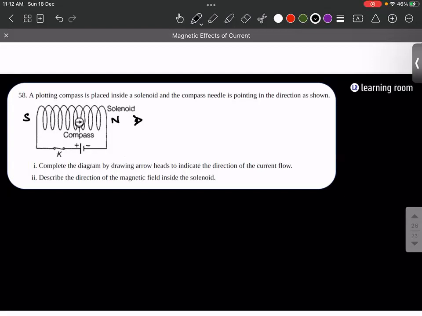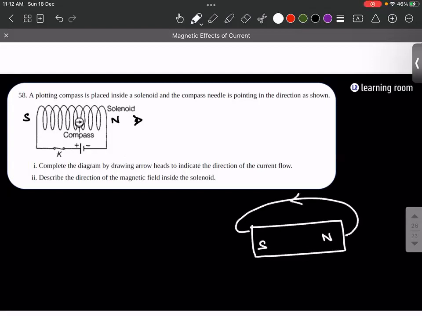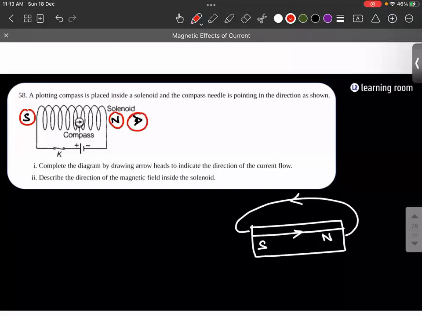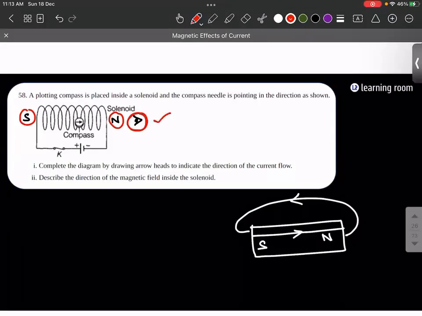I told you, see, always imagine with a bar magnet. For a bar magnet, the magnetic field outside is from north to south, whereas inside it is from south to north. Got it? So right side is the North Pole, left side is the South Pole. When that is the case, when you see it from this side, how should the current be?